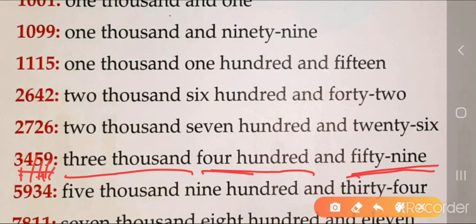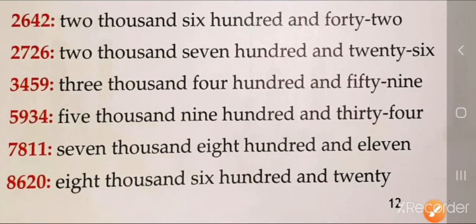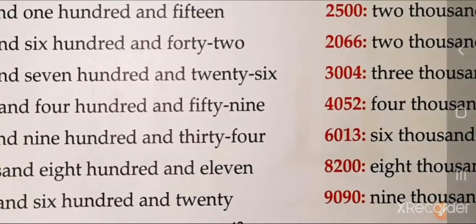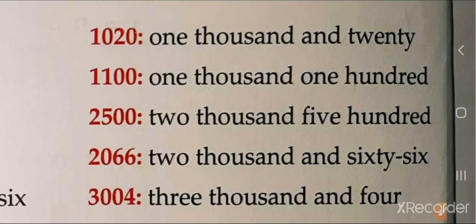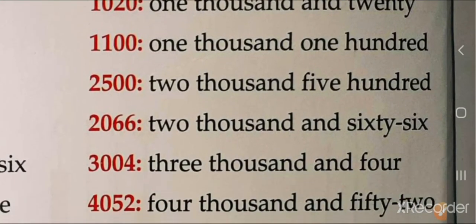Okay, 3000, there is 3 on the thousands place, so we write 3000, and 4 on the hundreds place, so 400. Okay, 5 on the tens place, so 59. Okay, so learn this number name, and after that we will start our chapter.